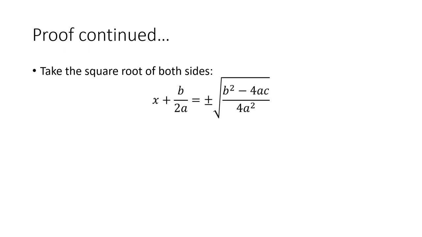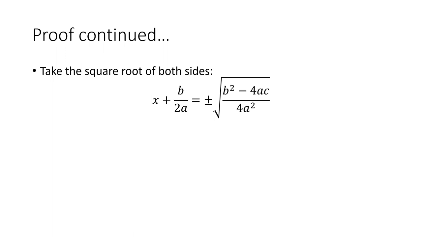So continuing on with the proof, now we can take the square root of both sides of the equation, right? Because we now only have an x over here by itself. So taking the square root of both sides would give us x plus b over 2a as plus or minus, because if we square whatever that is, we always get x plus b over 2a.